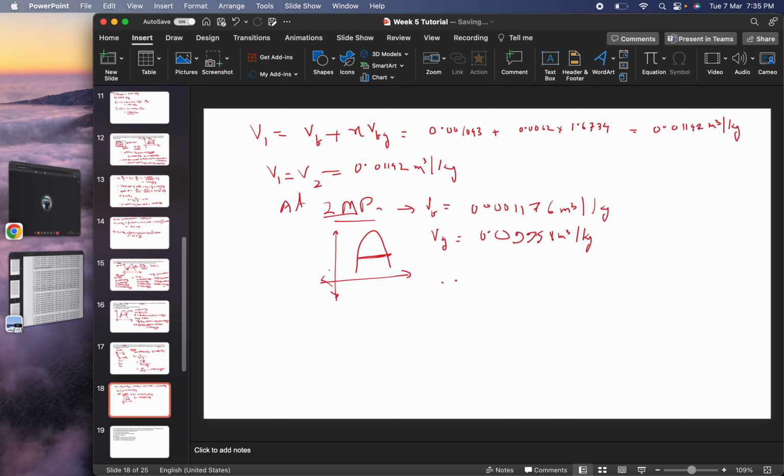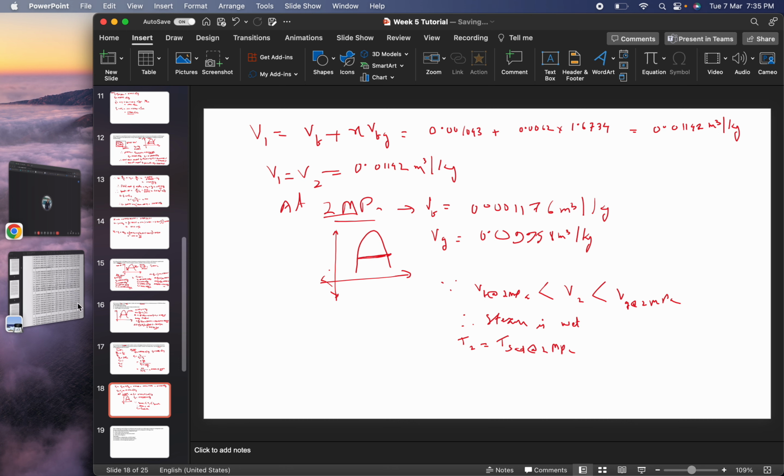Therefore, since Vf at 2 megapascal is less than V2, and it is also less than Vg at 2 megapascal, therefore steam is wet, and so my final temperature T2 is nothing but T saturation corresponding to 2 megapascal.